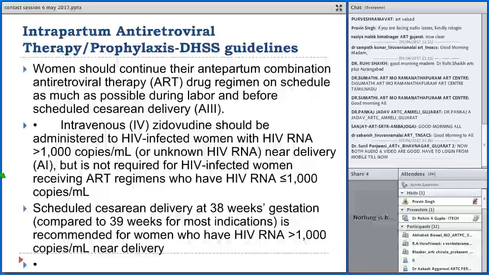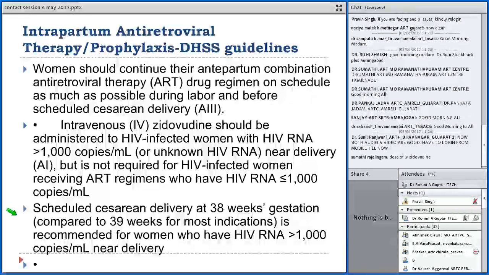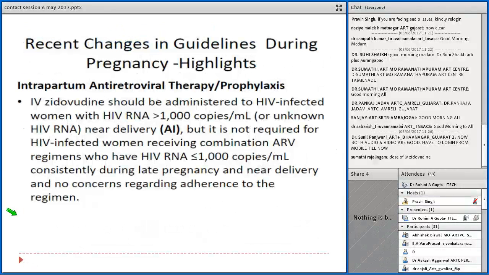Intravenous zidovudine should be administered only to women on ART whose viral load is more than 1000. It is not required for women whose RNA viral load is less than 1000. A scheduled cesarean delivery at 38 weeks gestation is recommended for women who have more than 1000 viral load. So any lady on ART with a planned pregnancy having an RNA load of less than 1000 copies can have a normal delivery.